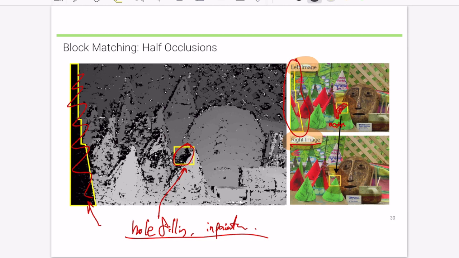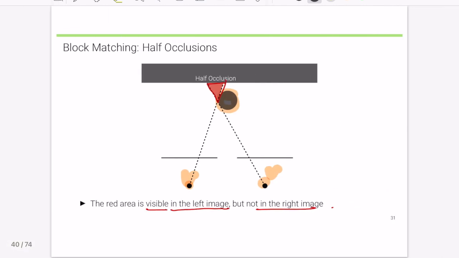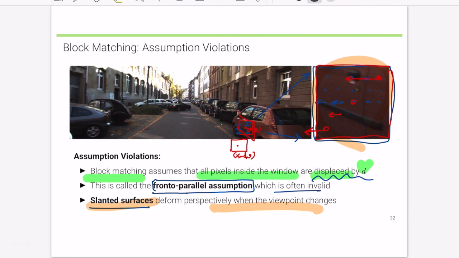Because this is a stereo matching problem, it inherently has some occlusion regions like this or this. And in block matching methods, we have some assumptions.